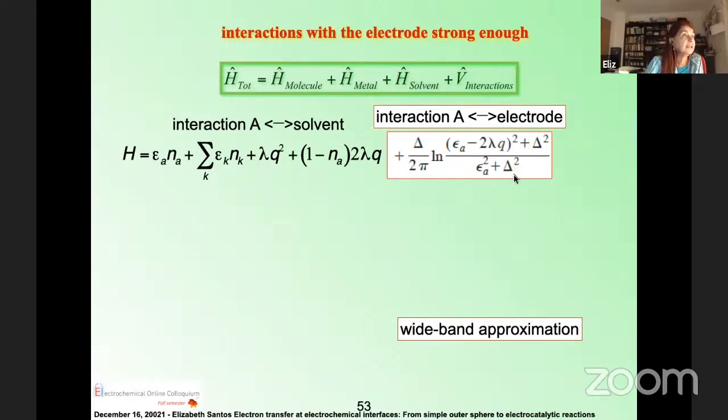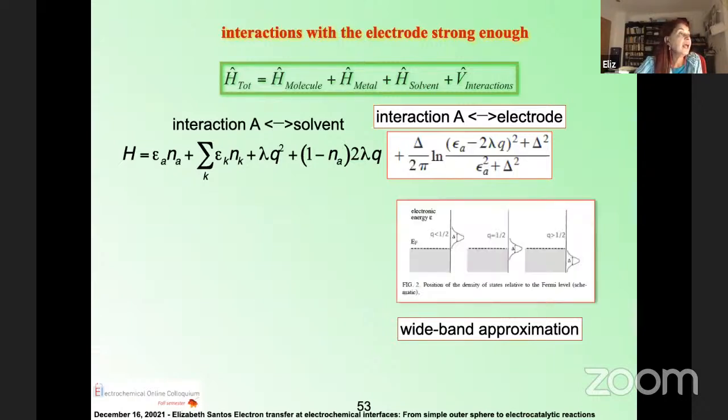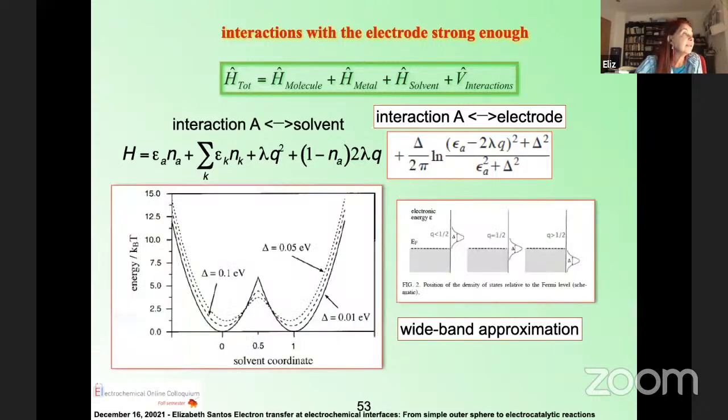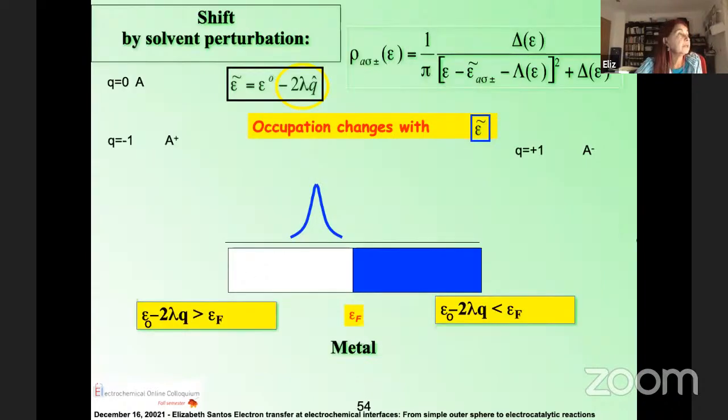If we consider that the electronic distribution in the electrode is constant, the wide band approximation, then our potential energy curves become not so sharp. There is a slight decrease of the activation energy due to this term.